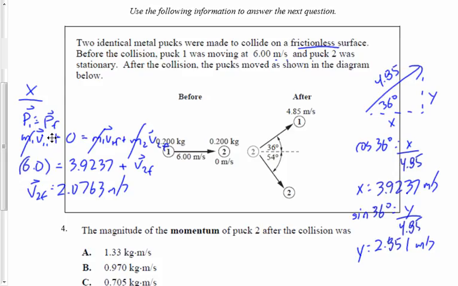Yeah, okay, he could, but then Bryce said we could take out the M2 V2F right here and replace it with P2F since we're looking for a final momentum. I'm not sure that would be a shortcut because then we wouldn't have been able to cancel out the masses, right? But it's correct. You could do it.